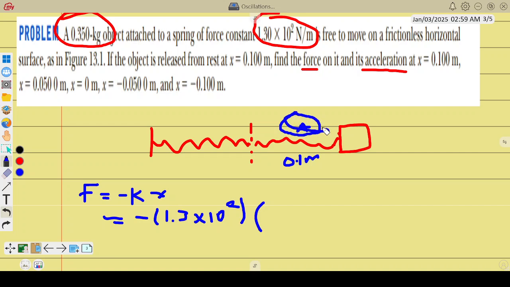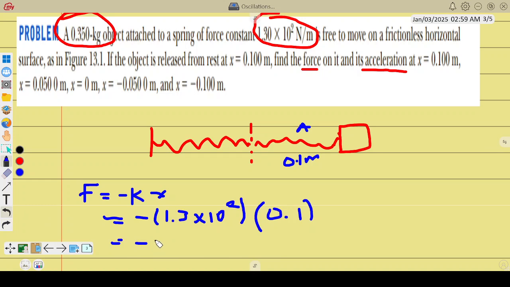What is the displacement? The displacement is 0.1. So what is the force you are getting? If you do your calculation, you'll get negative 13.